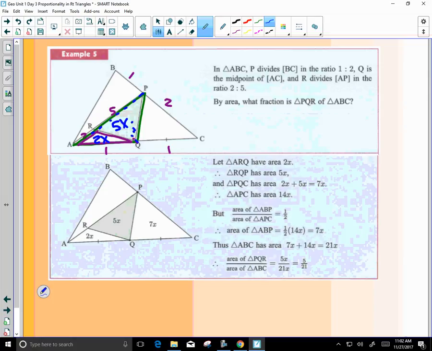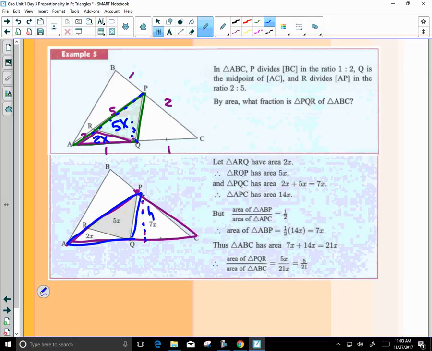So now we've got those, okay? Now I'm going to do another one, and I'm going to take this triangle down here that has this height, and I'm going to take this blue triangle here that has the exact same height. So the purple one and the blue one have the same height. So therefore, these two add up to 7x.